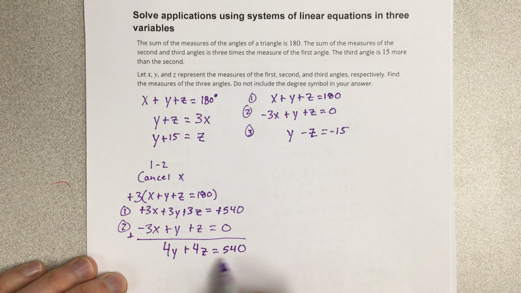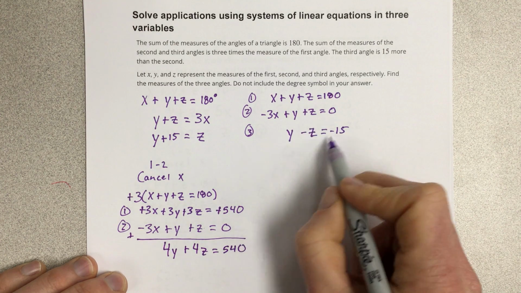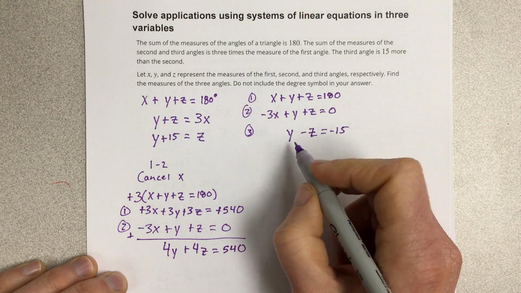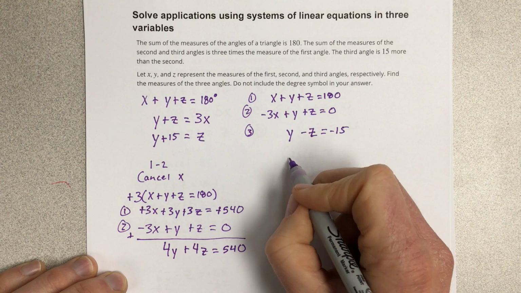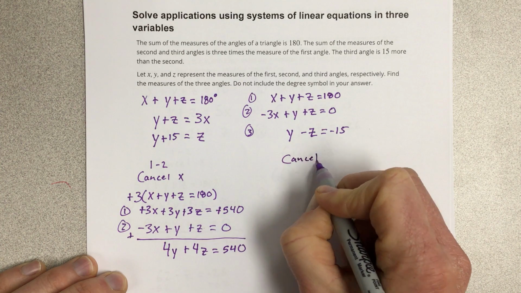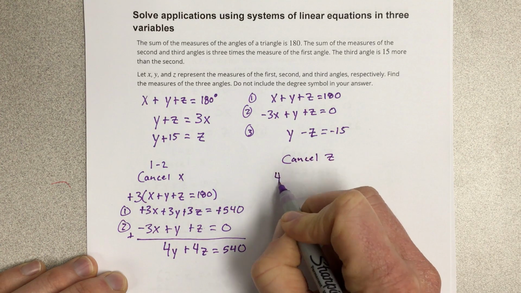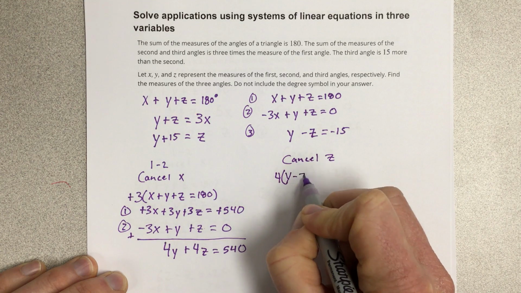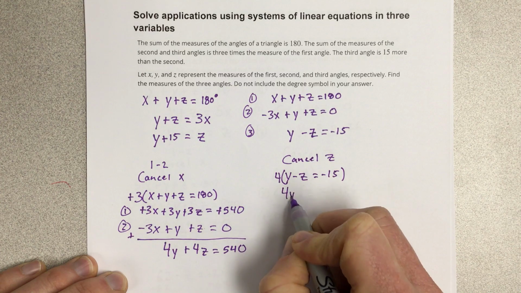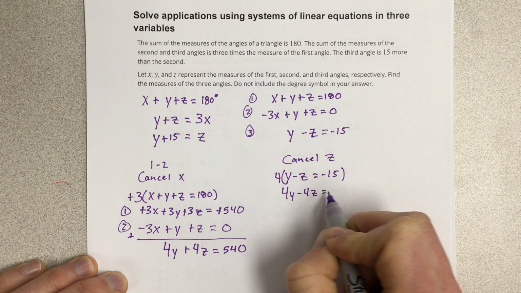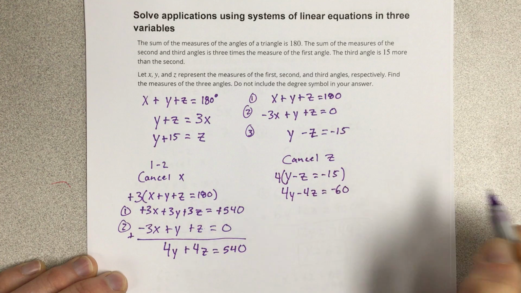Now I just have y and z in this equation. I can combine it with this one. So I'm going to cancel either the y's or the z's. In my case, I'm going to cancel the z because they're already opposite signed. So I'm going to take the top equation and multiply it by 4. And that's 4y minus 4z equal negative 60.